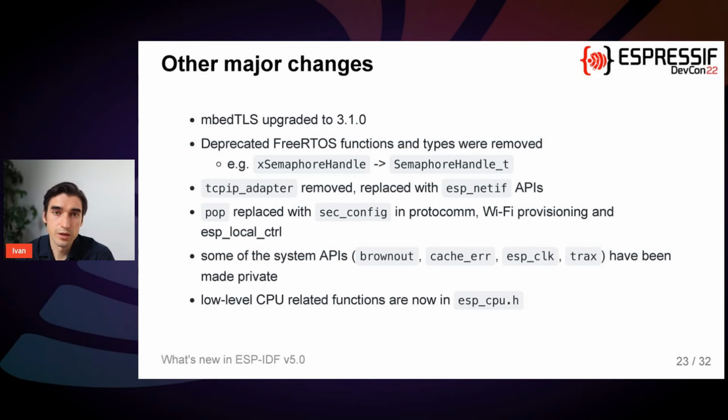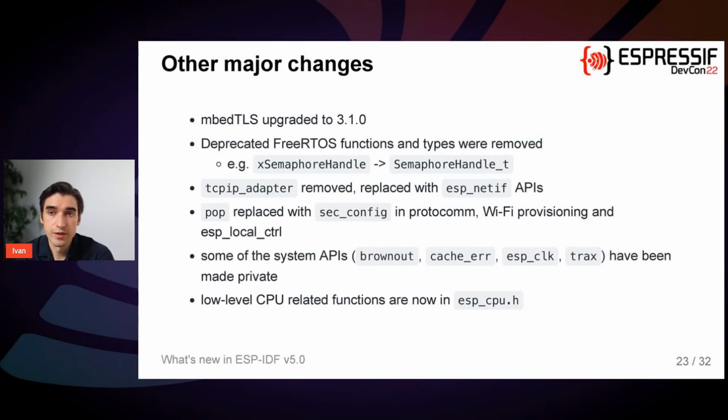If you have been just using IDF components, then this is not a breaking change for your project, because we have already dealt with all the incompatibilities between Mbed TLS 2.x and 3.x. But if you have been calling some APIs, for example, for hashing or encryption, then you need to check Mbed TLS 3.x migration guides and update your application accordingly.